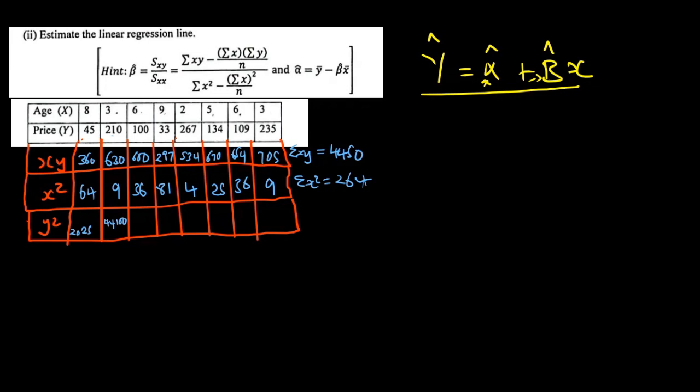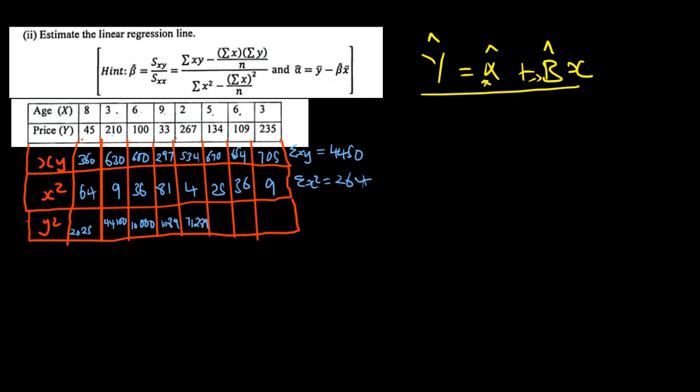The next one will be 100 squared, which gives me 10,000. 33 squared gives me 1089. And then 267 squared gives me 71289.